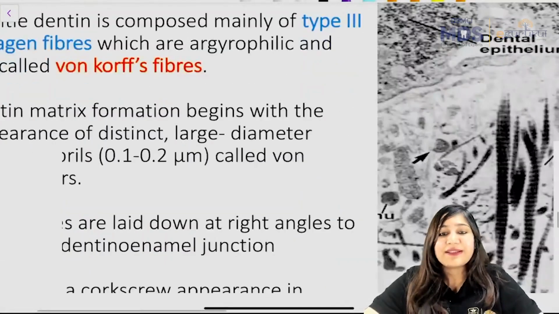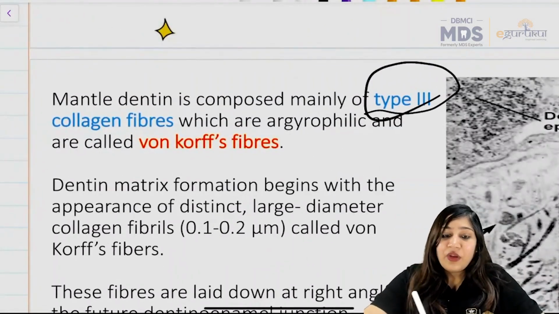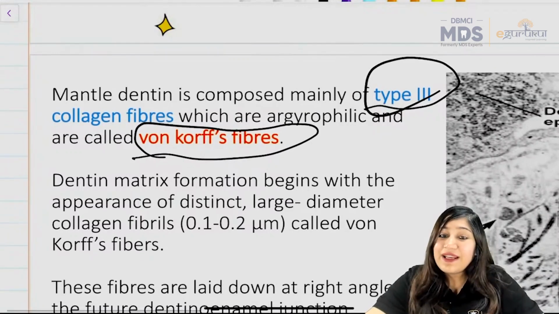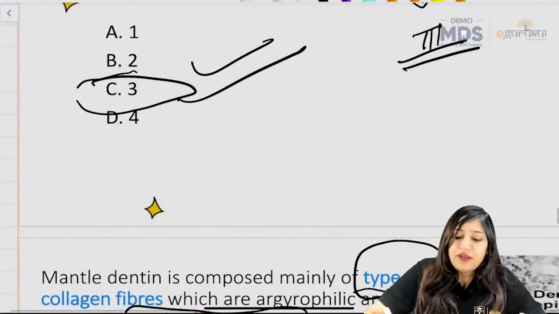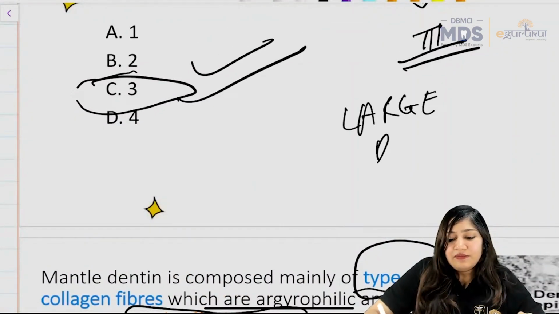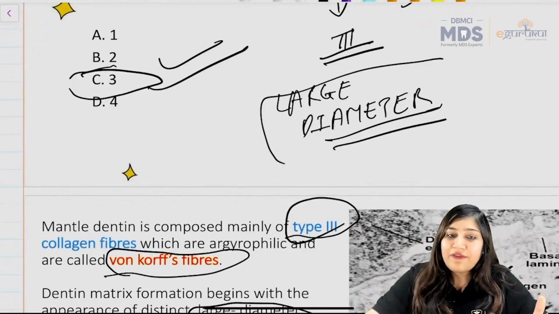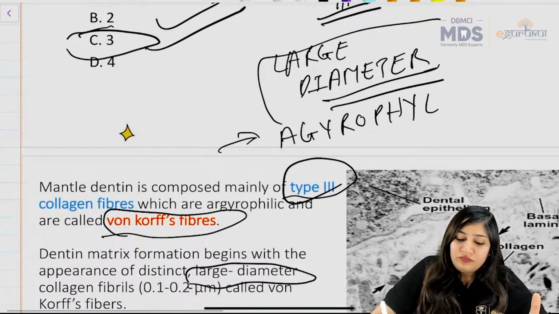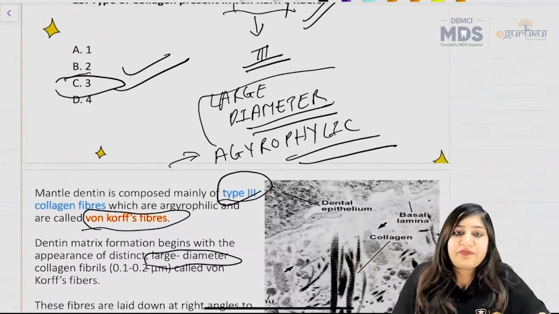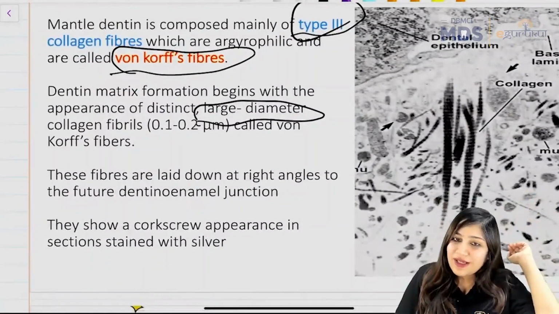Remember now? We have discussed this in our lectures. So, type 3 fibers are von Korff's fibers. They're present in mantle dentine, larger diameter fibers, argyrophilic fibers, silver loving fibers, and they are usually laid down perpendicular to the future dentino-enamel junction.